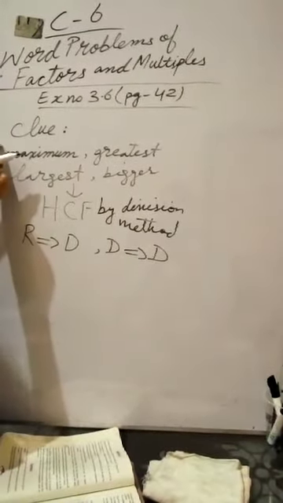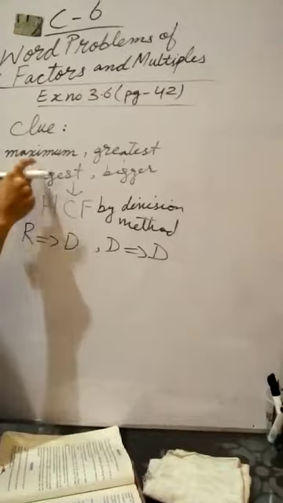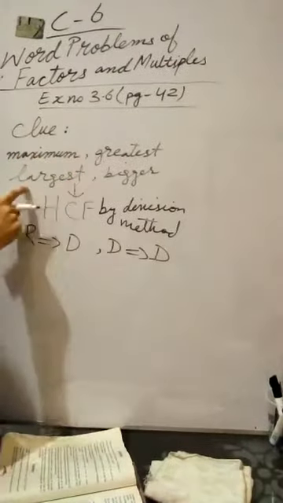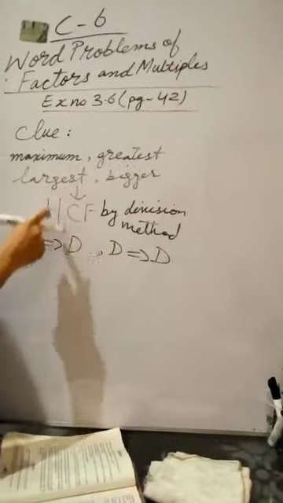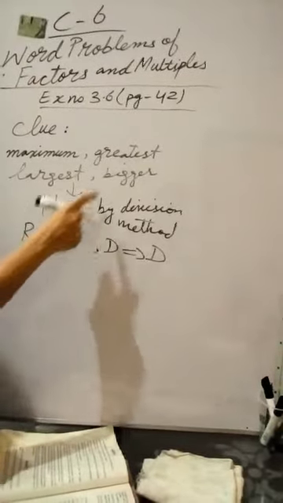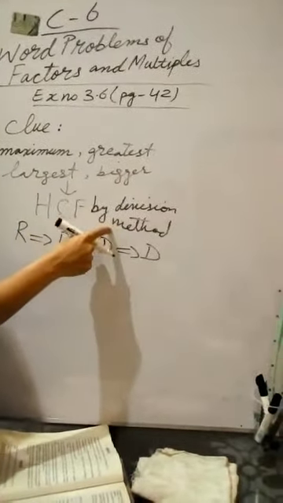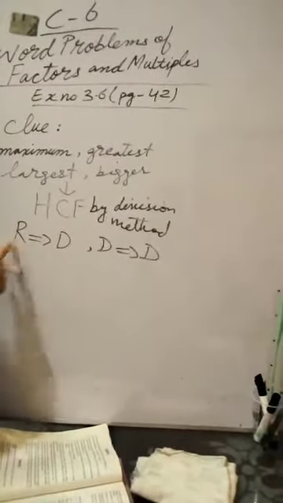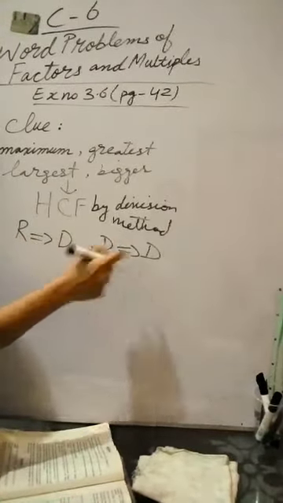The clue is, for the word problem, when we have maximum, greatest, largest, bigger, we always need to find the highest common factor by division method. Which division method? In which the remainder will become divisor and divisor will become dividend.